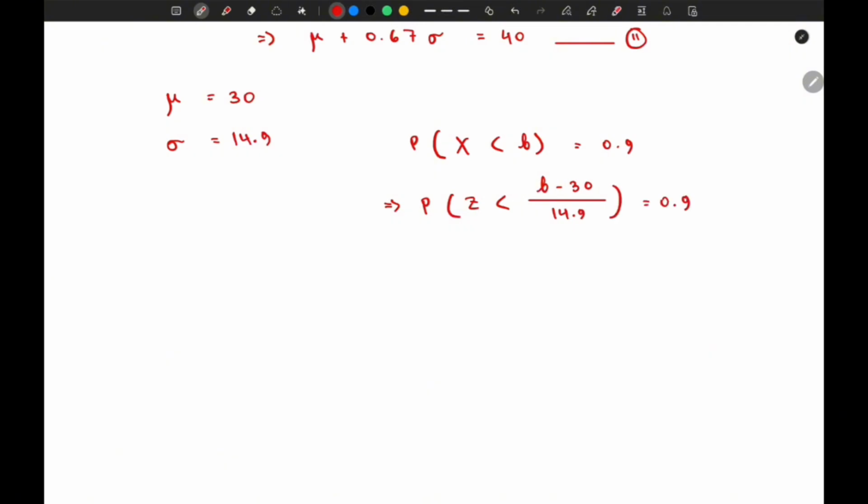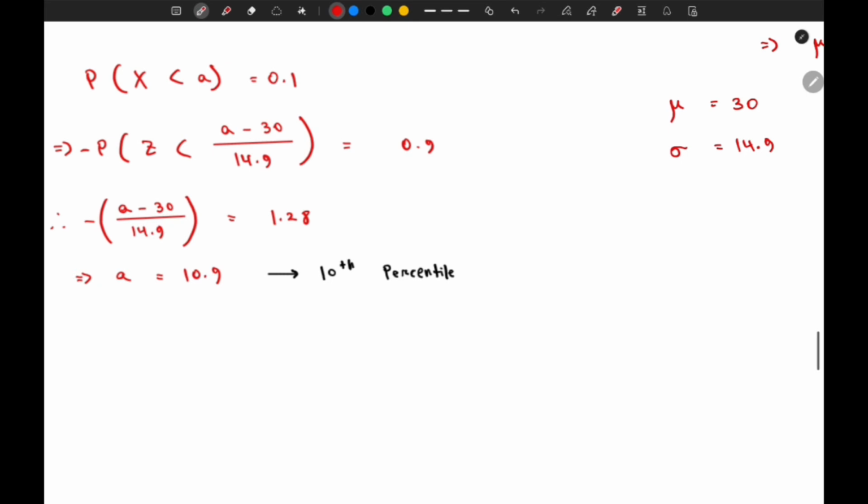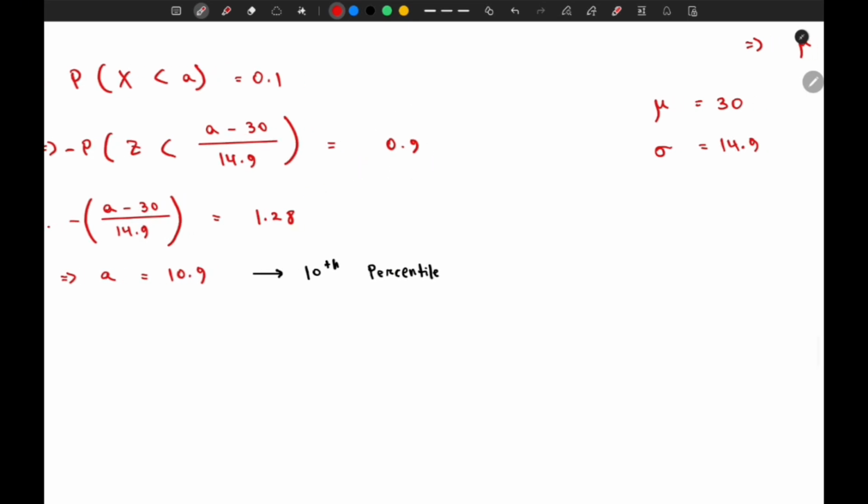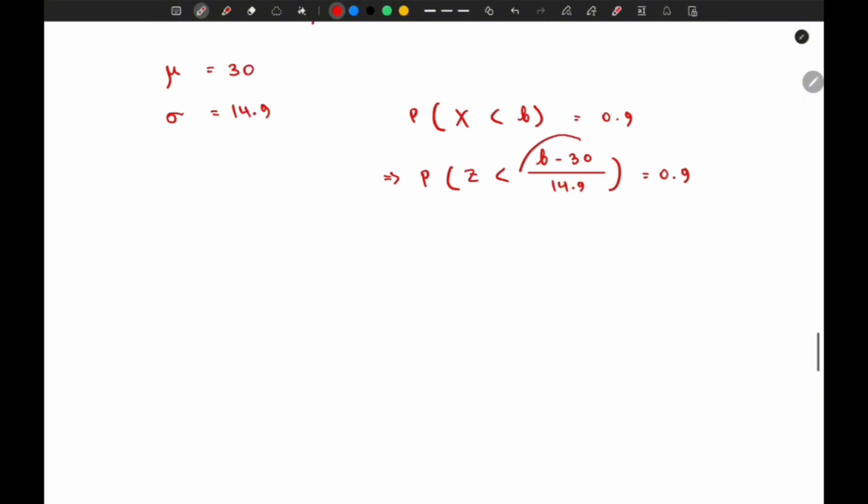Now we know that when the probability is 0.9, the value of z is 1.28. So (B minus 30) divided by 14.9 is equal to 1.28. So from this we will get our value for B. So the value of B is around 49.1.